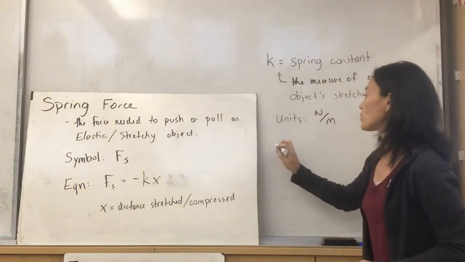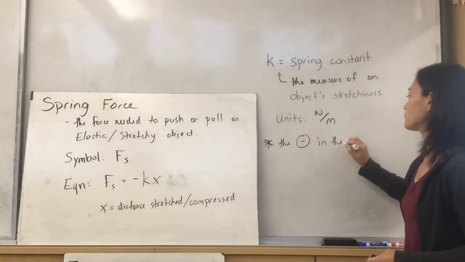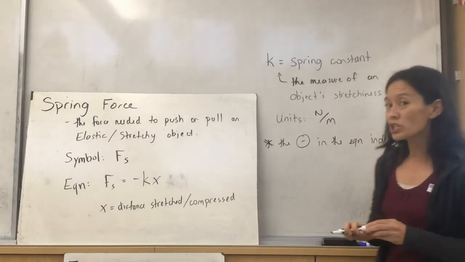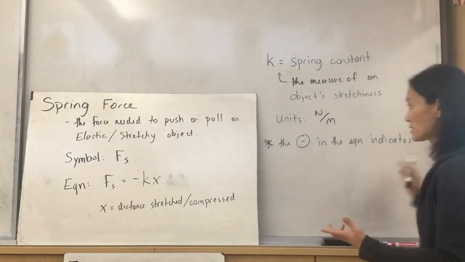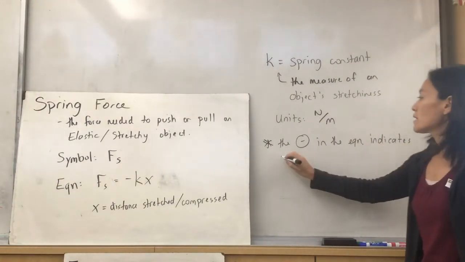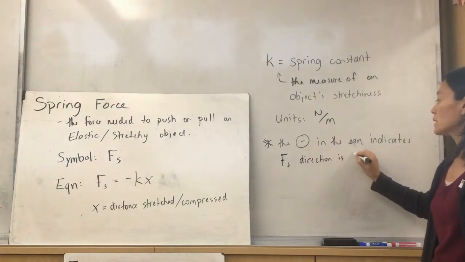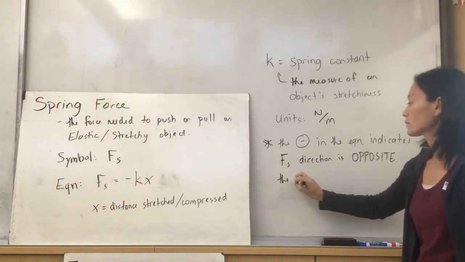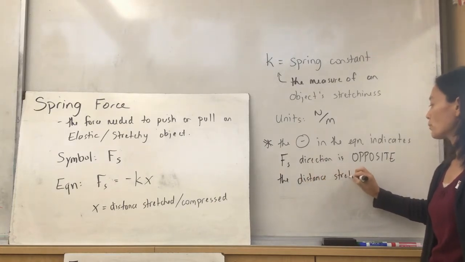So something to note is that the negative in the equation indicates that the direction of the spring force is opposite the direction it is stretched or compressed.